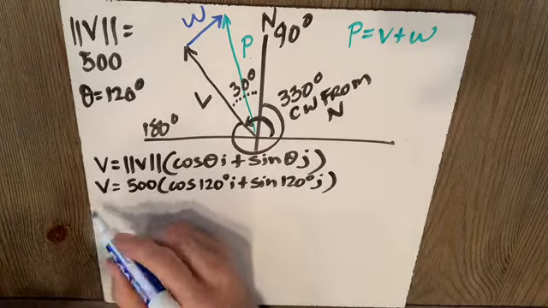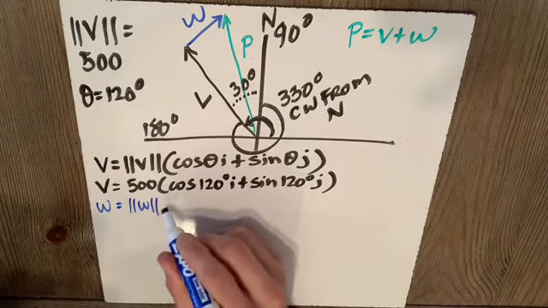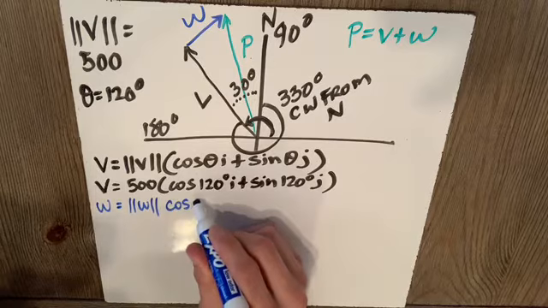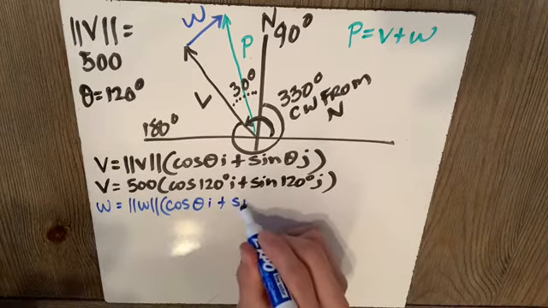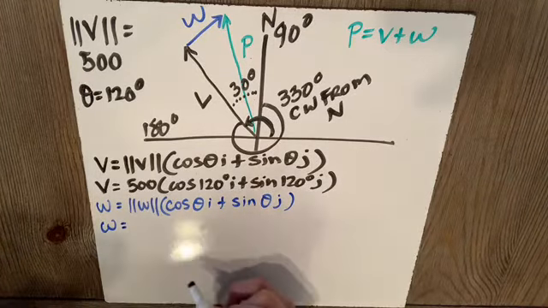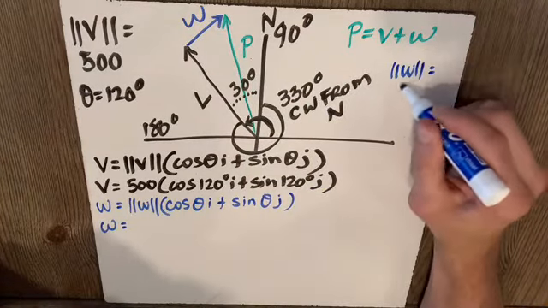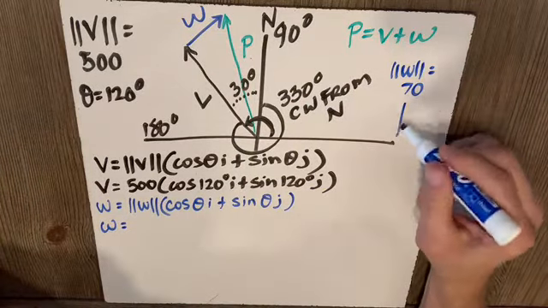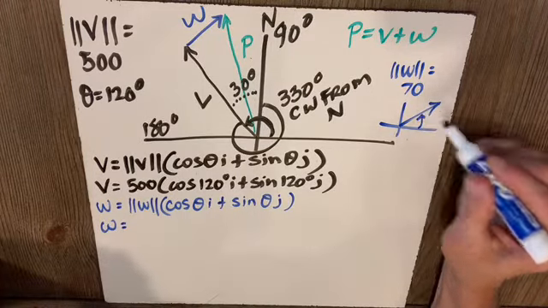How about the wind vector? Well, we know the wind was equal to the magnitude of the wind times cosine of the direction angle i plus sine of the directional angle j. They gave us that the wind was blowing at 70 miles per hour. If I just look at this wind vector, I want this angle.